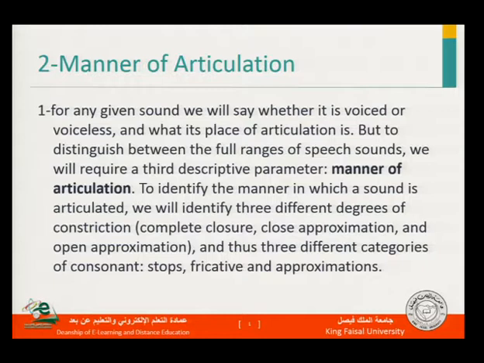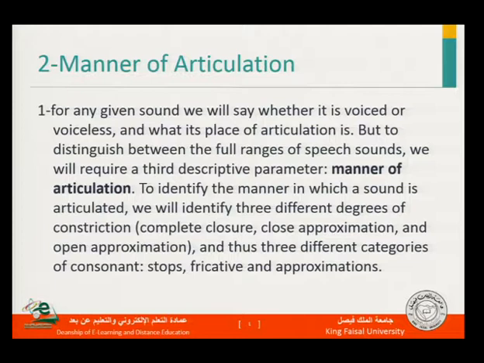And the 3rd parameter that we have just covered, which is manner of articulation, according to which the ka is a stop sound. So now if I want to describe the ka, it would be voiceless, velar, and stop. 3 parameters. No sound on earth has these 3 characteristics, but the ka. So its identity is being voiceless, velar, and stop.